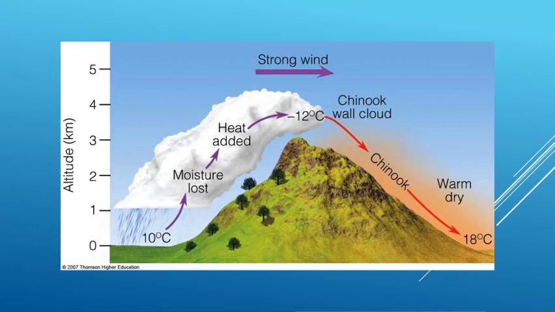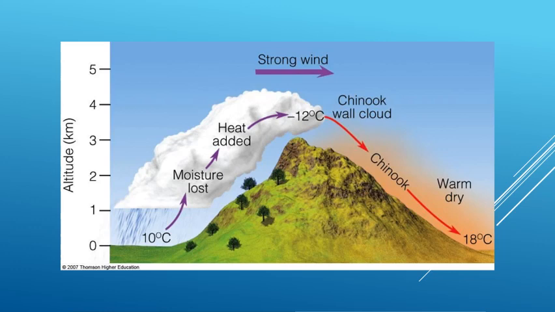Just like the foehn, there is another local wind which blows down the leeward slopes of the Rockies called the Chinook. In the language of the Red Indians, the word Chinook means the snow eater. This wind, as it moves down the western slopes of the Rockies, results in the melting of the snow.